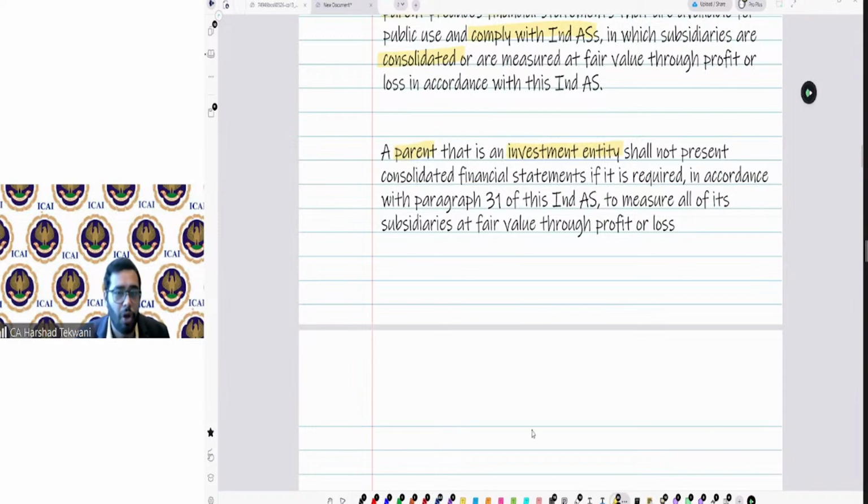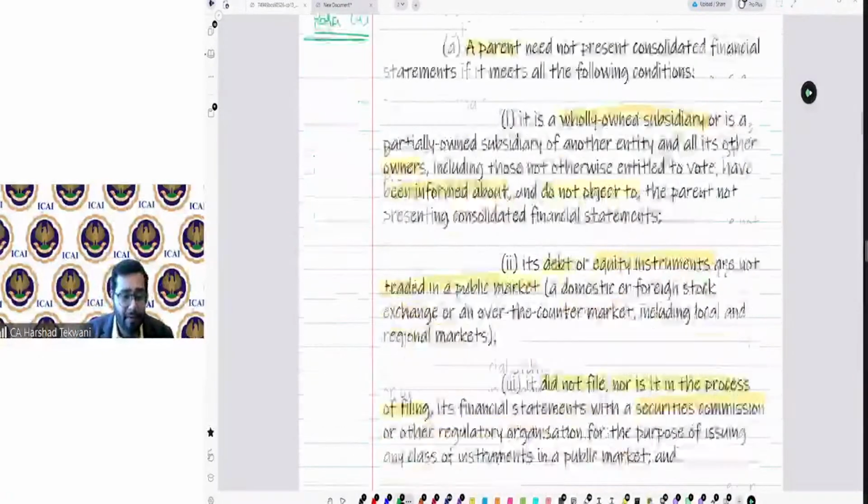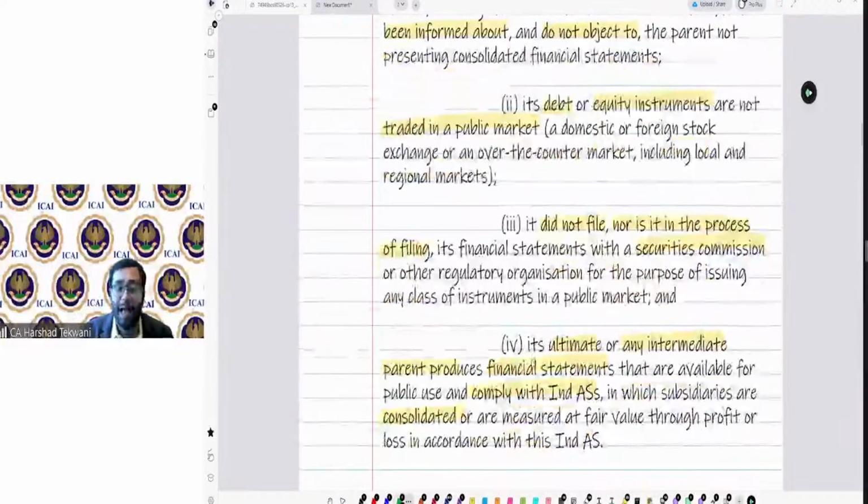That entity is not required to prepare CFS. This is para 4B of Ind AS 110, again a part of scope. So these 2 categories are there where companies are exempt as per accounting standard from preparing CFS.